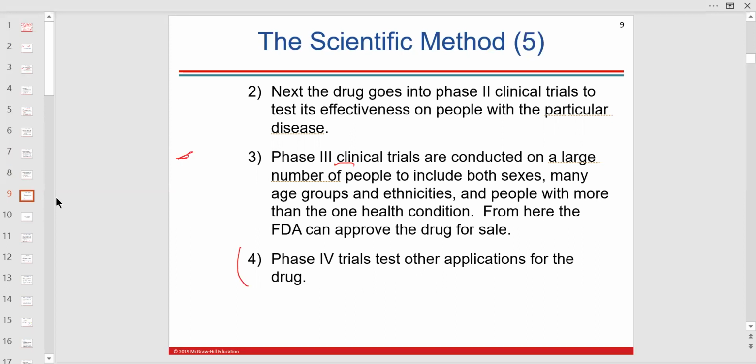And look, this is really important right here, that you include now both sexes, age groups, ethnicities, and people with comorbidities. Because to be honest with you, as horrible as this was, and it was a nightmare, back in the 60s, there was a study for heart disease called the Framingham study in Massachusetts. So in the 60s, they weren't testing women. They weren't testing people of color. They were just testing white guys in a certain age group.